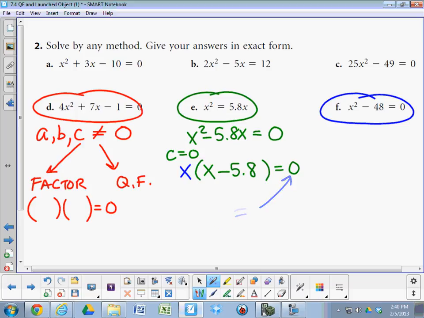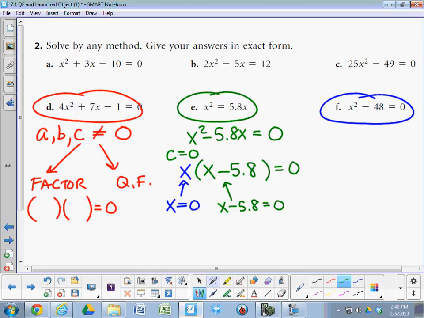A or B or both. So, to finish this problem, the solutions are going to come from x equaling 0 or x minus 5.8 equaling 0. If x equals 0, there's nothing to do. You're done. That's one of the solutions.